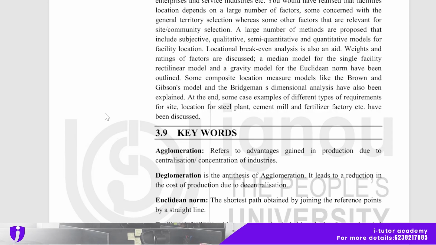Locational break even analysis is also an aid. Weights and rating of factors are discussed. A median model for the single facility, a rectilinear model, and a gravity model for the Euclidean norms have been outlined. Some composite location measure models like the Brown and Gibson model and Bridgman's dimensional analysis have also been explained. At the end, some case examples of different types of requirements for site location for a steel plant, cement mill, and fertilizer factory, etc., have been discussed.